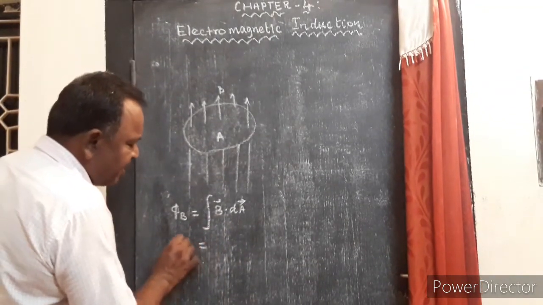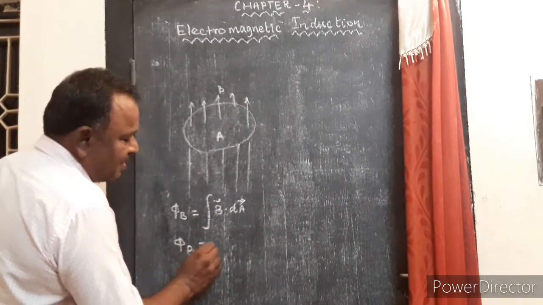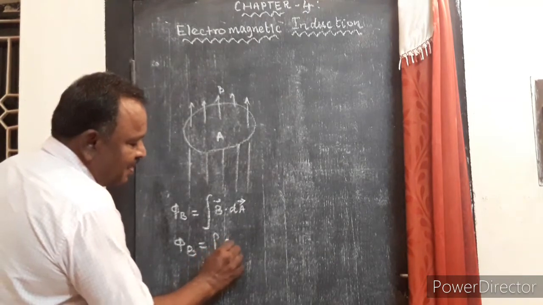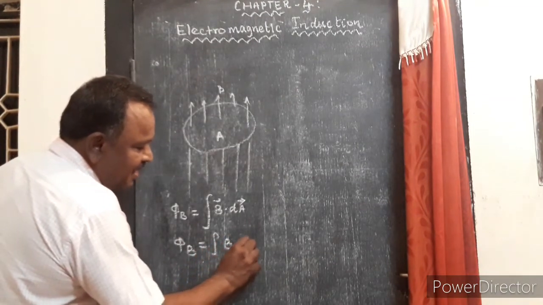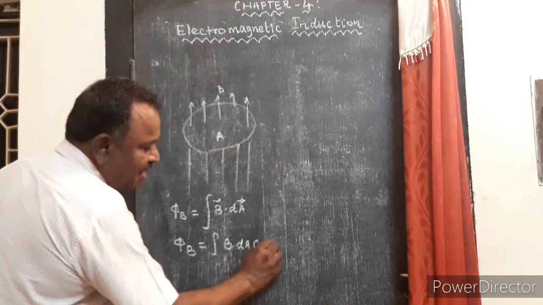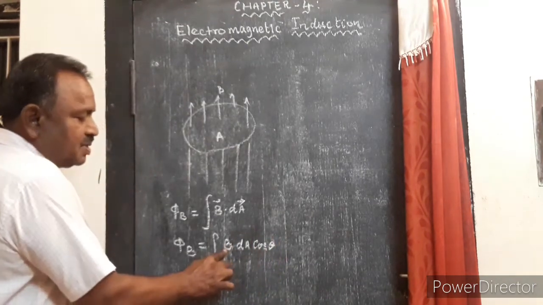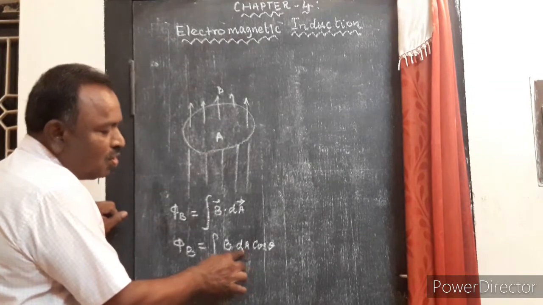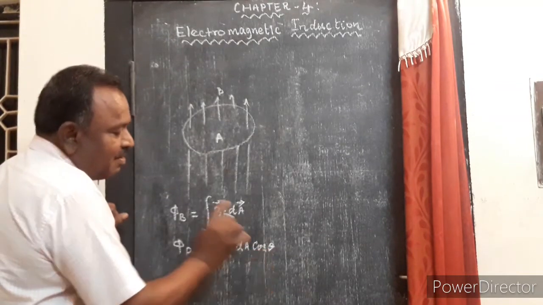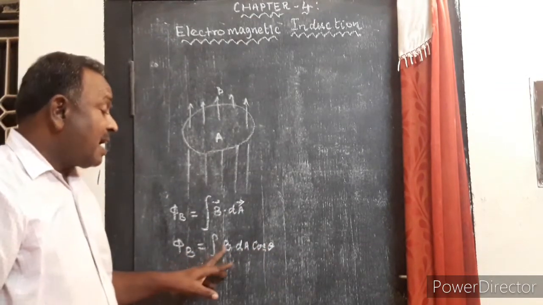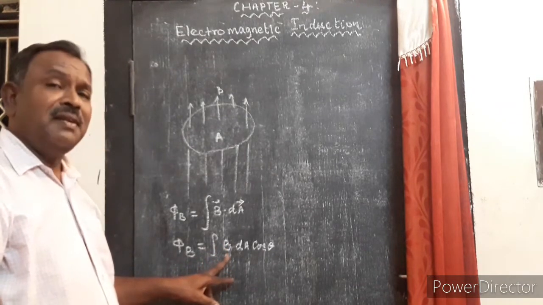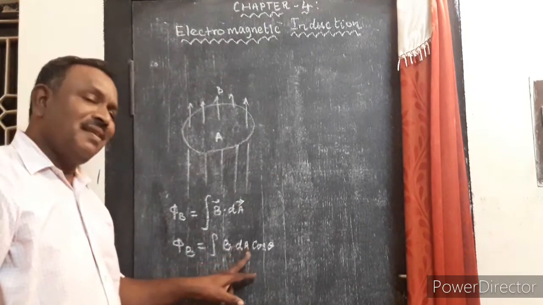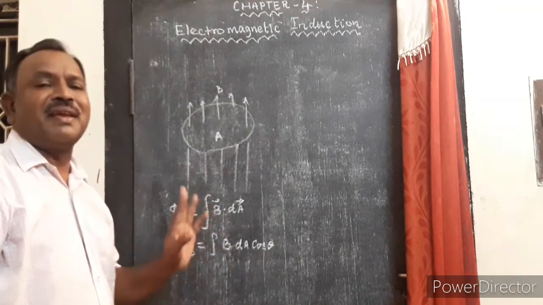In magnitude it is given by integral B dA cos theta. B is the magnetic field, dA is the small area, and theta is the angle between the magnetic field and the normal to the given area.